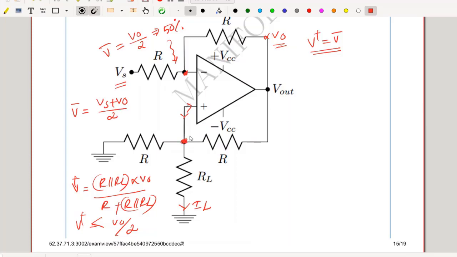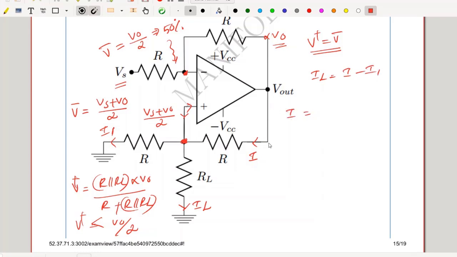That demands V plus also equal to Vs plus V out divided by 2. The current IL is the current flowing through R, let me mark it as I, minus the current flowing through the second resistance, let me mark it as I1. So IL is nothing but I minus I1.